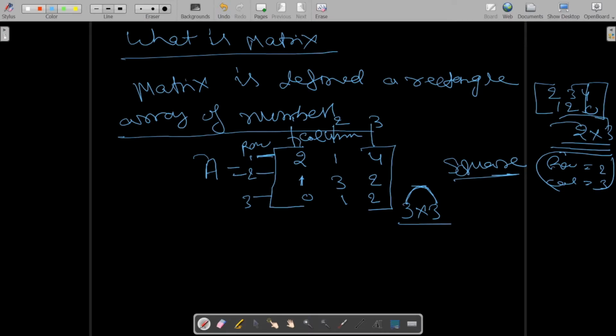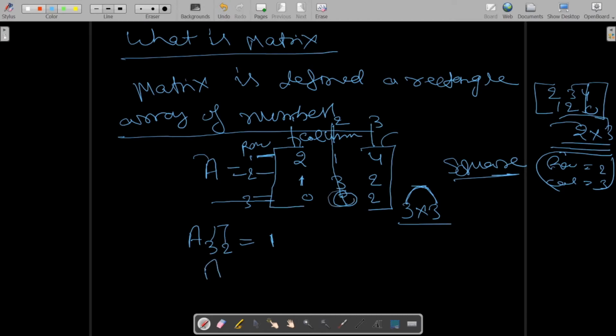If you want to access any element of this matrix, how do you access it? Let's suppose I want to access A 3 2, matrix A, row number 3, column number 2. What is the value of that? Let's go to row number 3, column number 2, and this is the value 1.